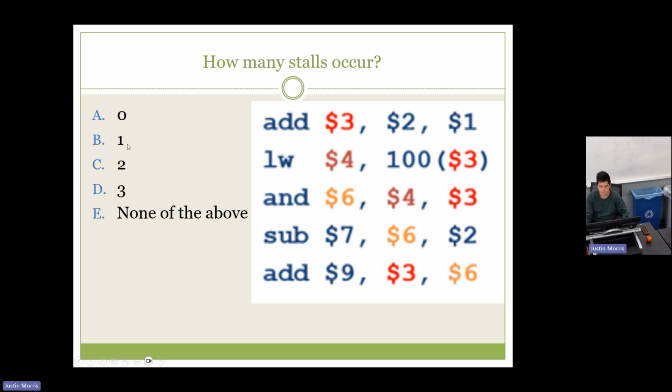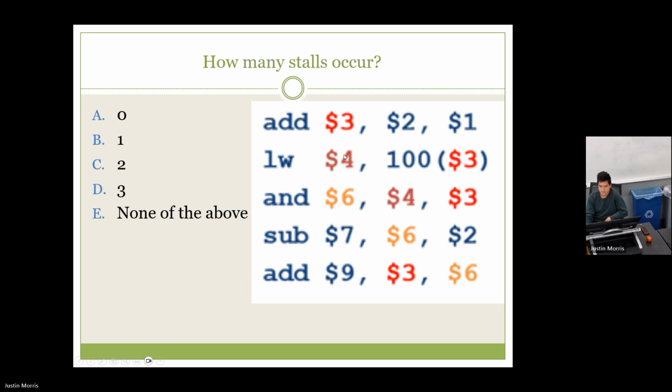So this is B. The reason is this load word is dependent on the add. But the add is done in execute. Load word doesn't need the value until execute, so we can just forward. No need to stall. This and is dependent on the load word and the add.